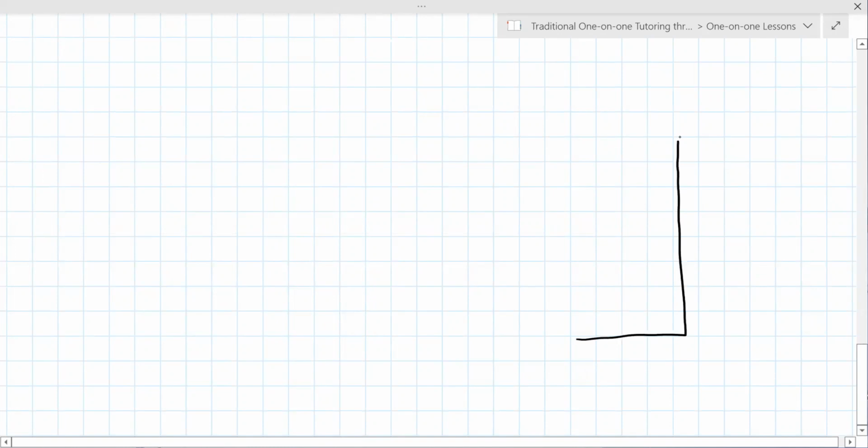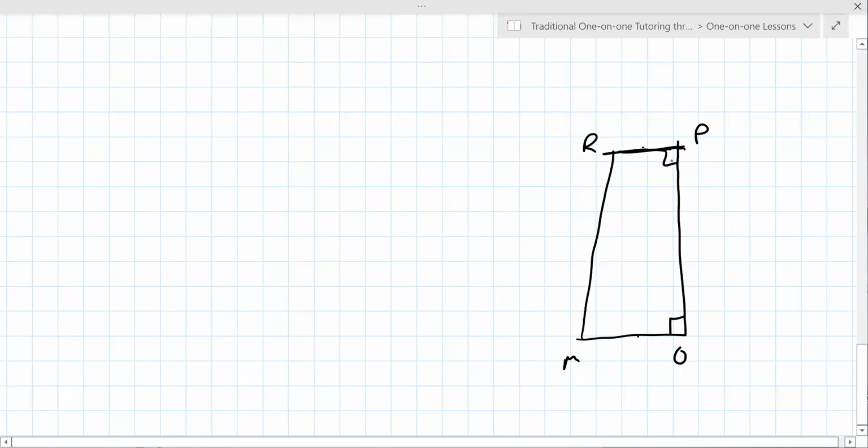Let me actually make sure I do this correctly. All right, so here's M, here's O, here's P, here's R. And we have these two angles are 90. And we really want RP and MO to be parallel.